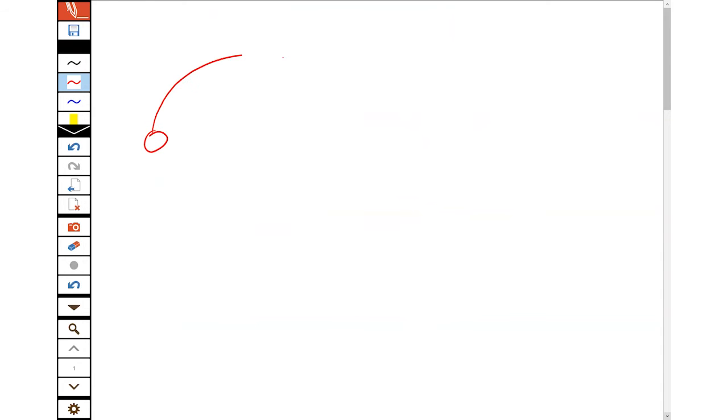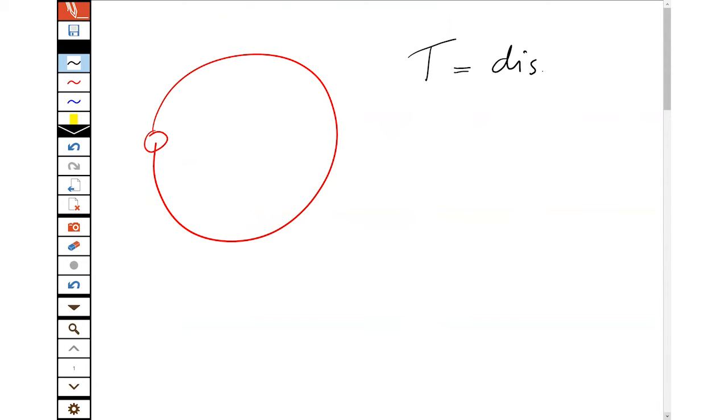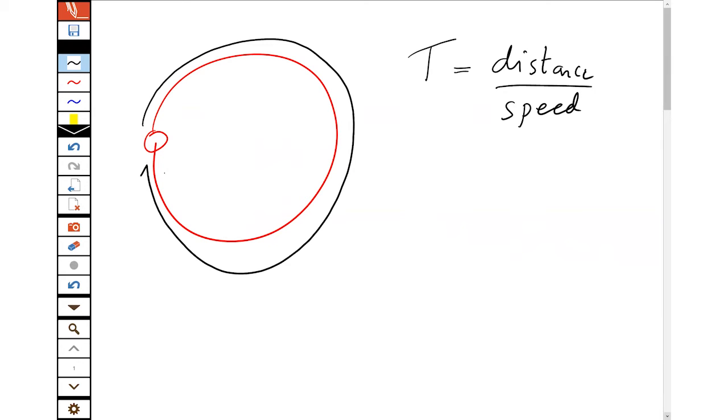Sometimes there's a couple of extra words they can give us dealing with this sort of thing. If we have an object going around in a circle, how long does it take to go around a complete circle? That's called the period, the time T. And the time to do anything, we know, is the distance over the speed. Well, the distance around a circle is the circumference, 2 pi r, and we have the speed of the object already.